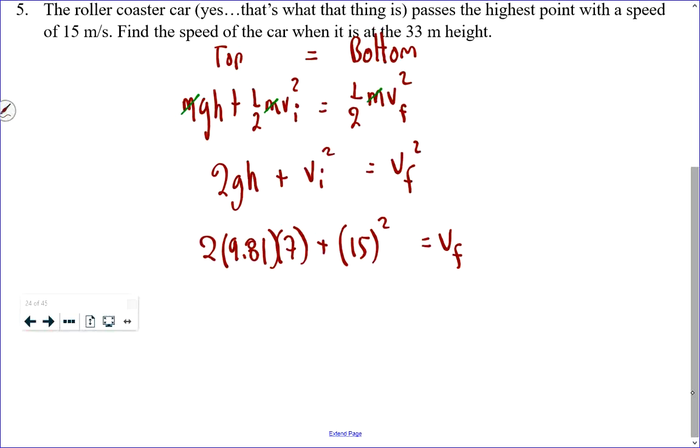Did I write something down incorrectly? Wouldn't the vf still have the square? I forgot to write the squared there. Thank you. Yes, equals vf squared.